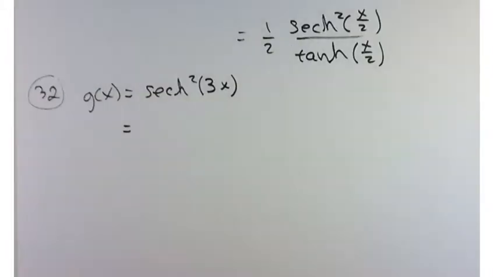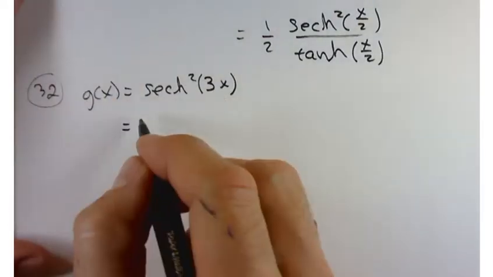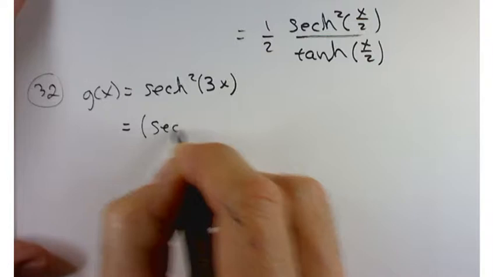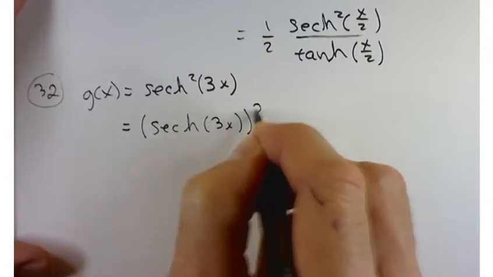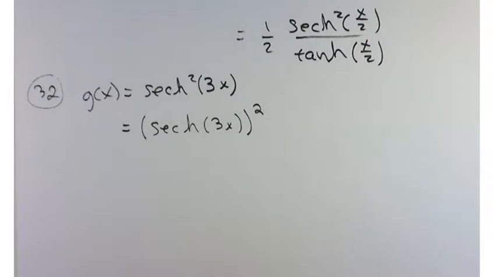The thing you have to realize about this is that this is just some notation. It's a convenient way to write hyperbolic secant of 3x in parentheses squared. So what I want you to do is find the derivative of that.